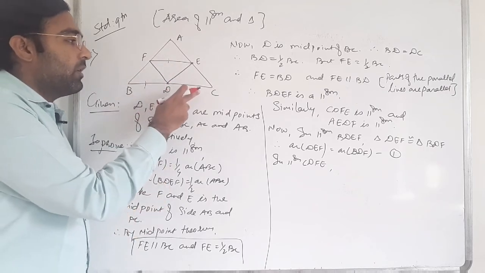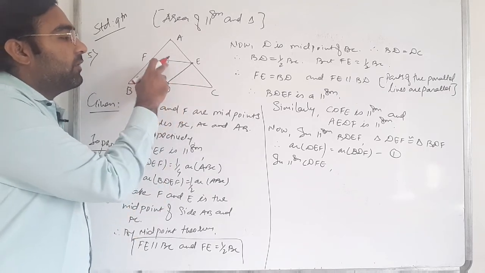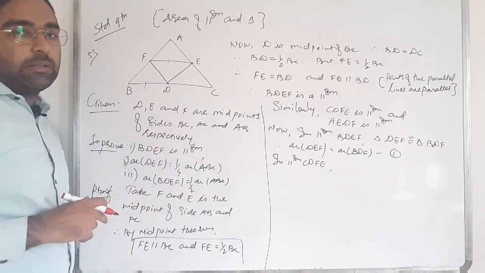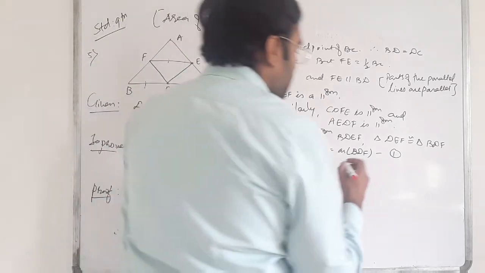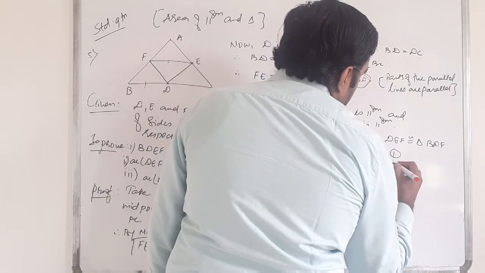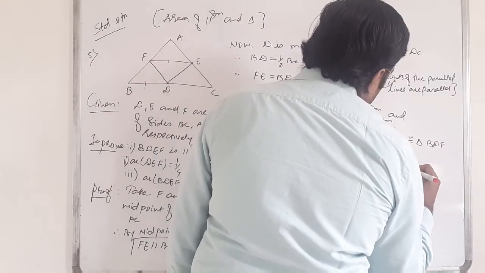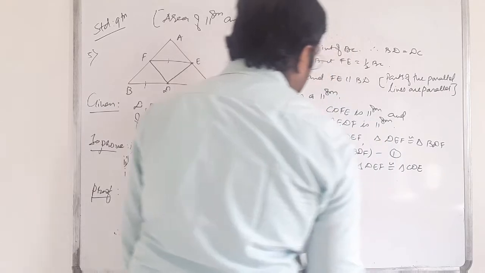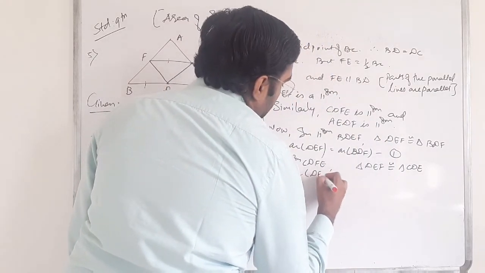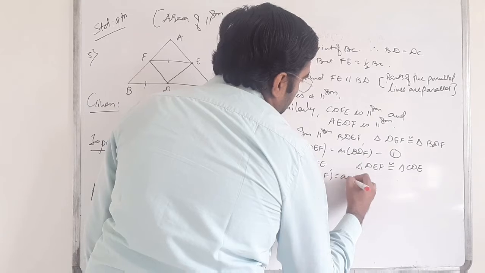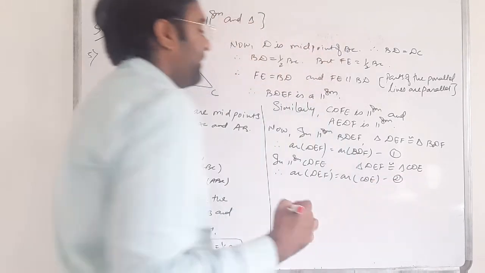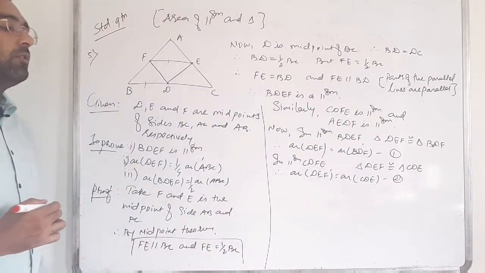So triangle DEF is congruent to triangle CDE, therefore area of DEF is equal to area of CDE. Clear? We give this as equation 2.